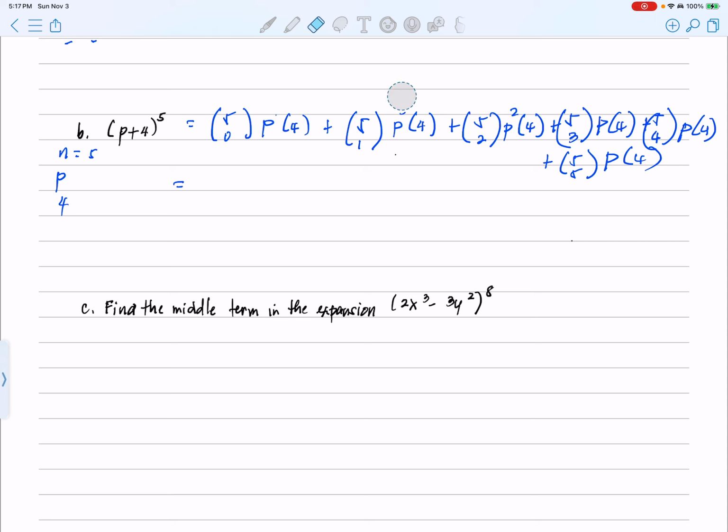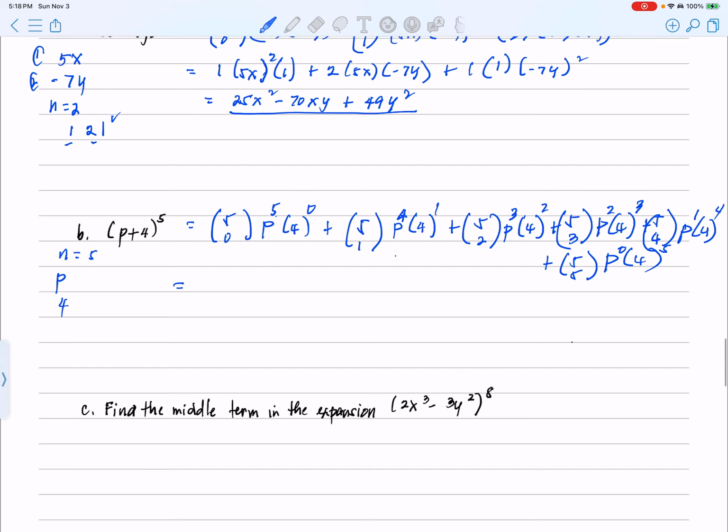So the p starts with 5, 4, 3, 2, 1, 0. So the 4 starts with 0, 1, 2, 3, 4, 5. So we have the assigned exponents now.